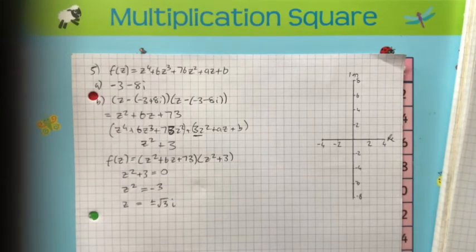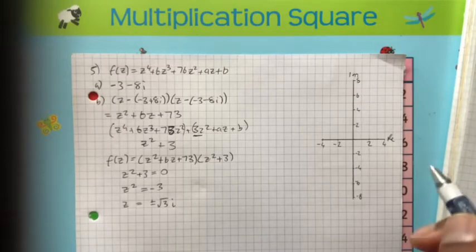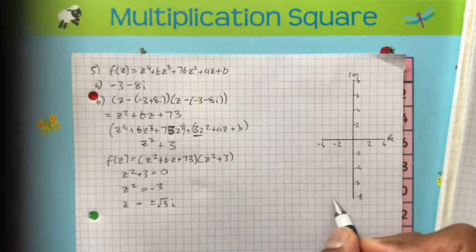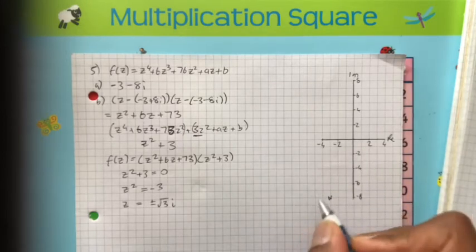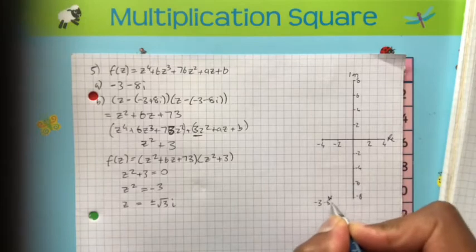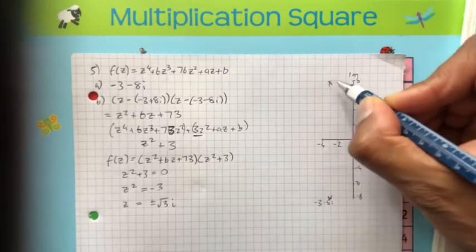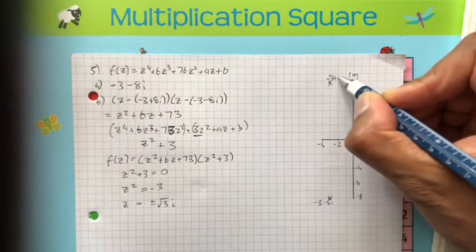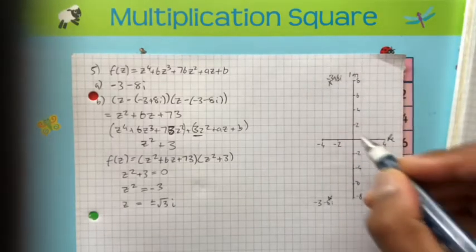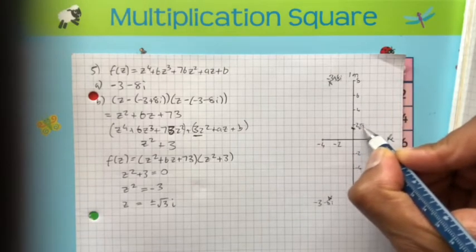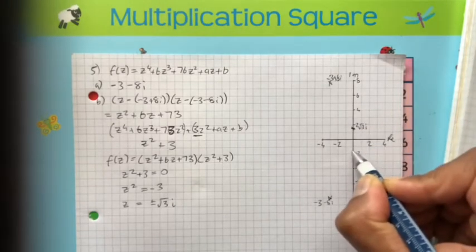So it says show on a single Argand diagram all 4 roots of the equation f of z equals 0. So we've got minus 3 minus 8i, so that will be there, minus 3 plus 8i, and we've got root 3i, so that's about 1.73, and minus root 3i.